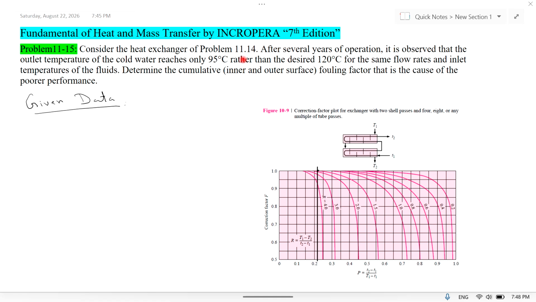After several years of operation, it is observed that the outlet temperature of the cold water reaches only 95 degrees centigrade rather than the desired 120 degrees centigrade.